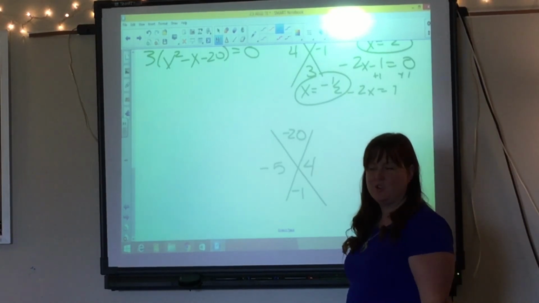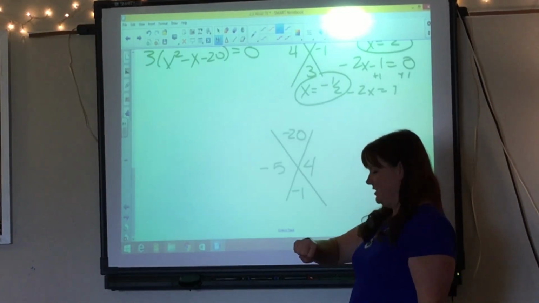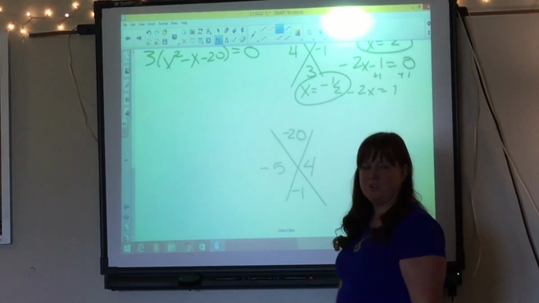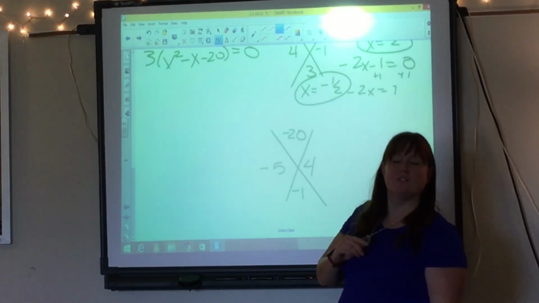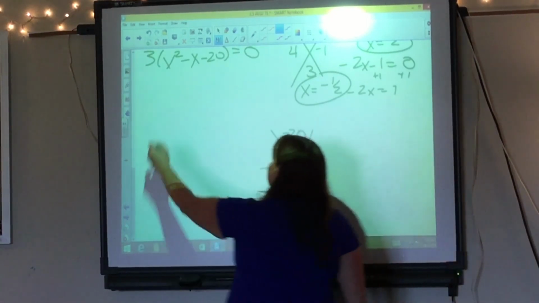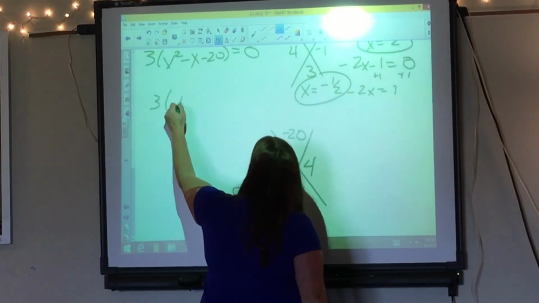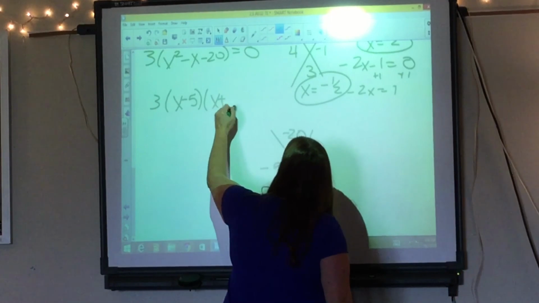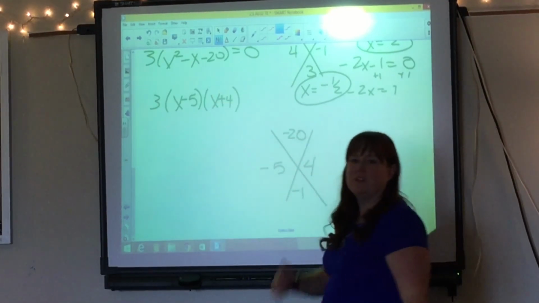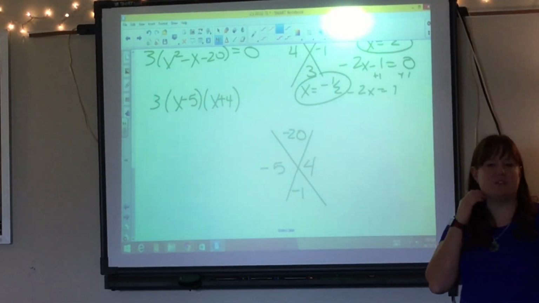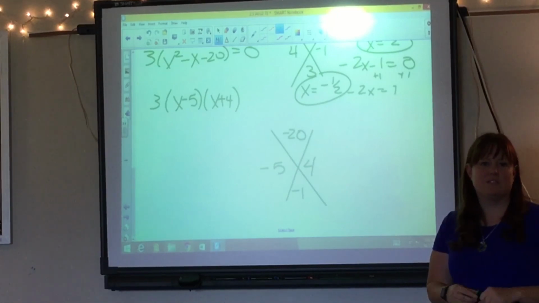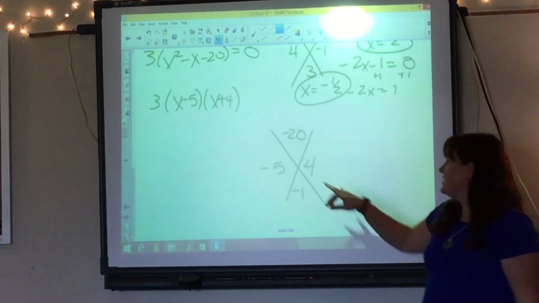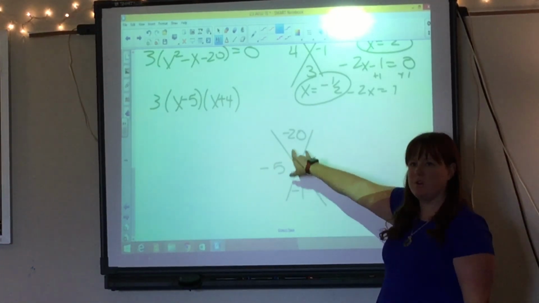No, it's fine. 20 and negative 1 would not add to negative 1. 20 and 1 would add to 19. 5 and 4. 5 times 4 equals 20.